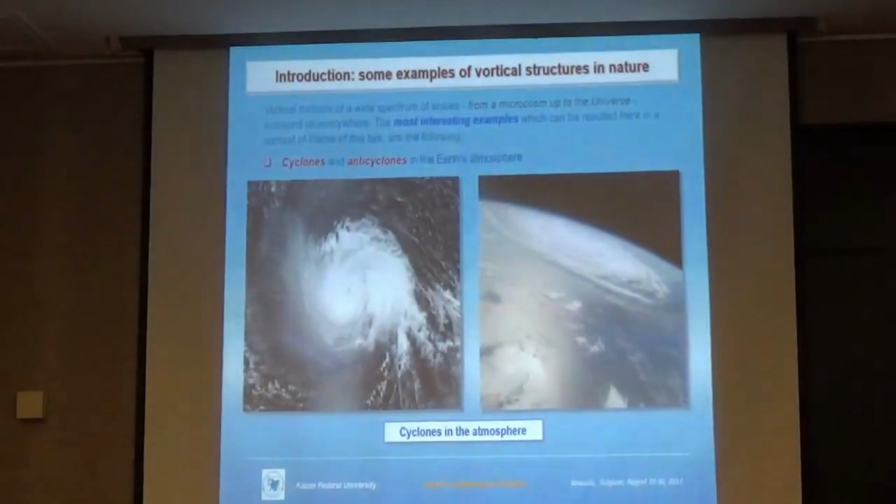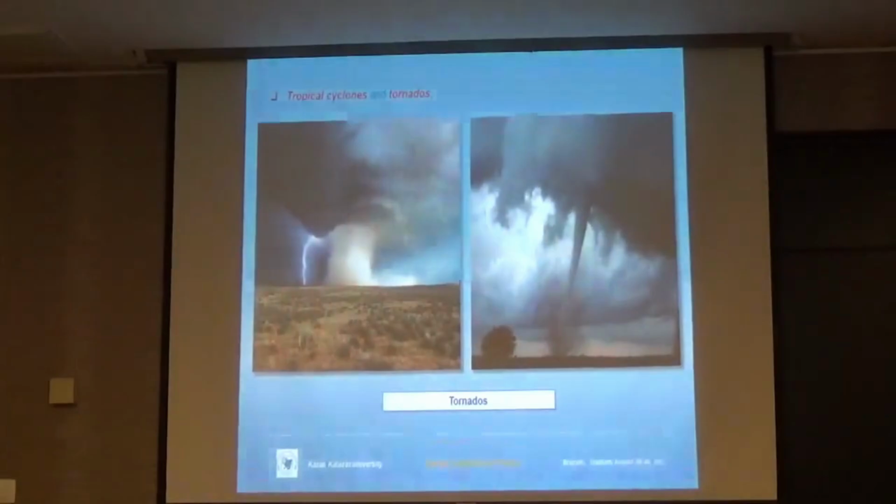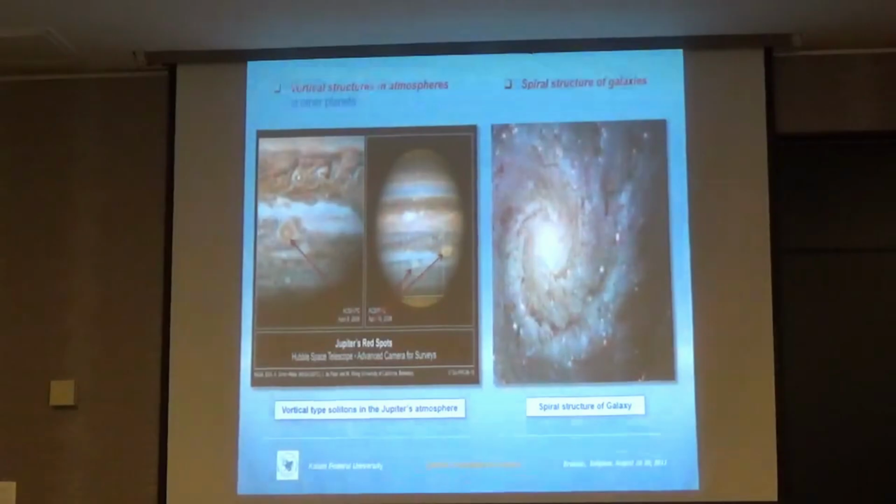Vortical motions of a wide spectrum of scales, from the microcosm up to the universe, surround us everywhere. The most interesting examples, which can be cited here in the context of the theme of this talk, are the following: cyclones and anticyclones in the atmosphere, tropical cyclones and tornadoes, vortical structures in atmospheres of other planets.